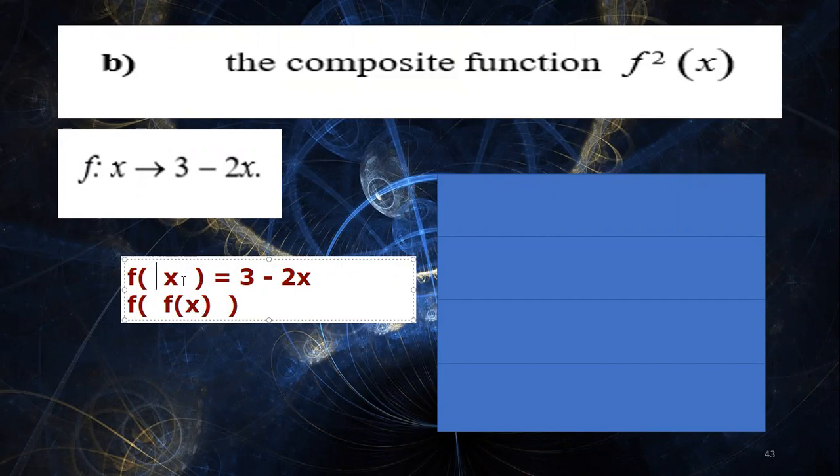Whatever x does, f of x is going to mirror. x is being multiplied by negative 2, that's what's happening with the x. So f of x is going to mirror the behavior of x as well. So you will have 3 take away 2 multiplied by f of x. Any questions there? Tell me if it's making sense to you.